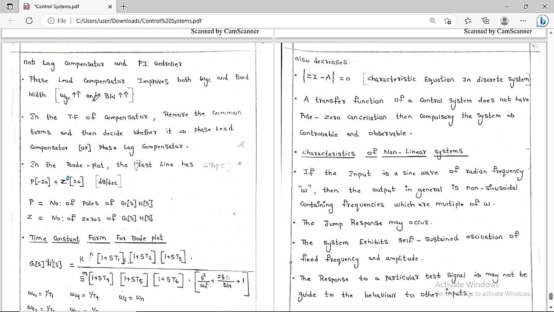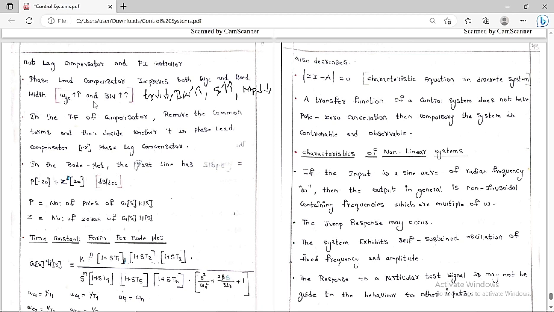So because of this, what is going to happen? As the speed of the response increases, it indicates that the rise time is going to decrease. As the rise time decreases, the bandwidth will increase because the product is always equal to a constant. And also, the damping ratio is going to increase because of this. As the damping ratio increases, the peak overshoot is going to decrease. This point always you have to keep in mind.